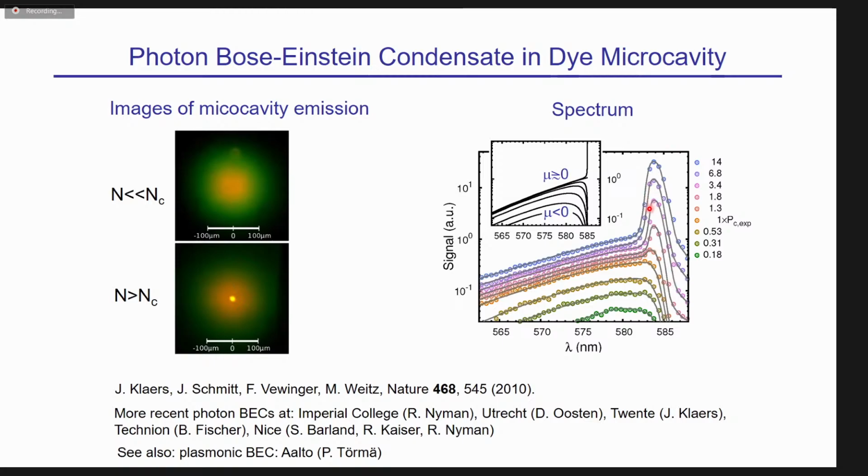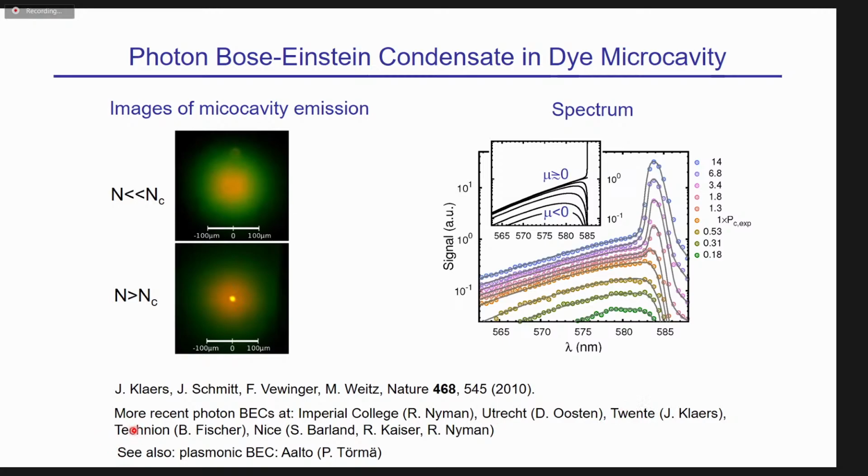So there are more recent photon BECs, this was 2010, at Imperial College by Rob Nyman, in Utrecht, the group of Chris van Oosten, and Jan Klaers and our chairman have realized their own BEC now at Twente University. You will hear about that later in this session tomorrow.